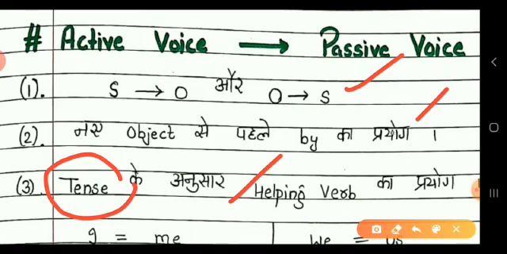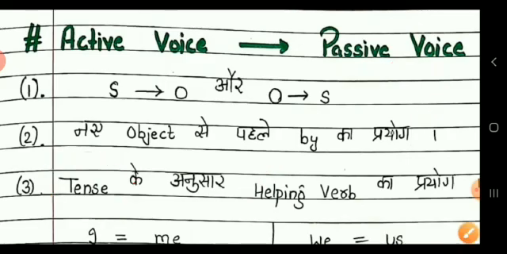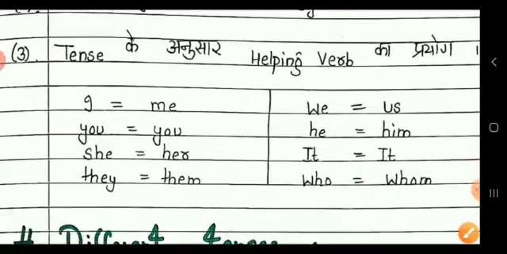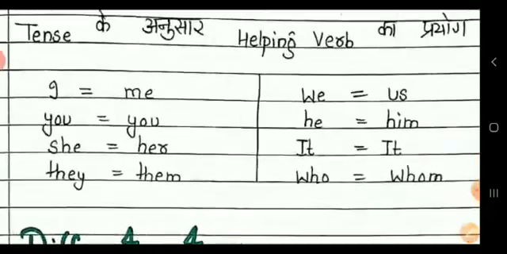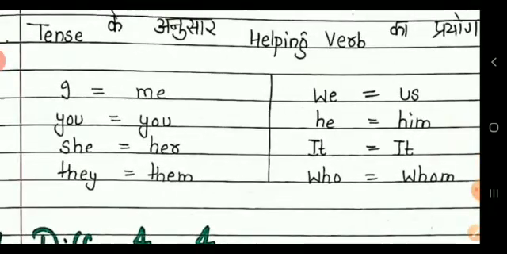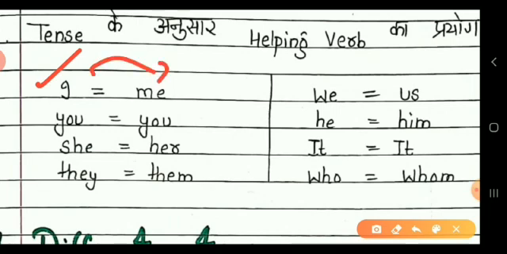Now after that we have to understand the basic changes that we have to do from active to passive voice. I will convert into me, you will remain the same, and it will also remain it. So you have to mark both of the words, you and it, put a star on them.